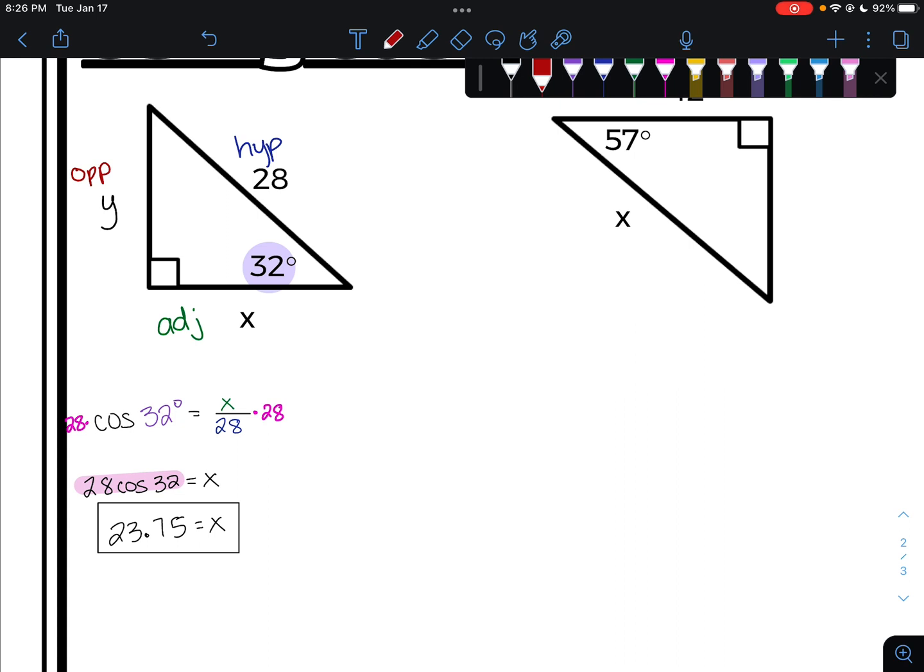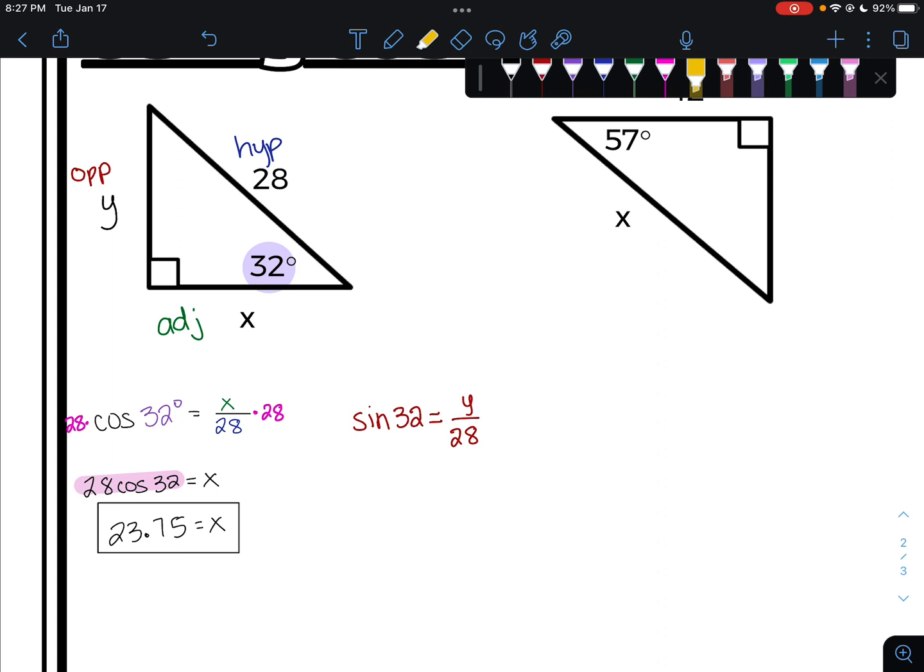So if I wanted to solve for y, I'm still going to use y and the hypotenuse, which means I would use sine. So that would be sine of 32 equals opposite over hypotenuse. That would be y over 28.